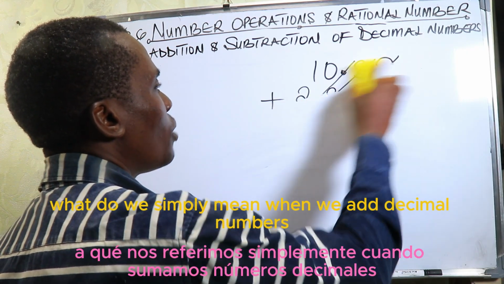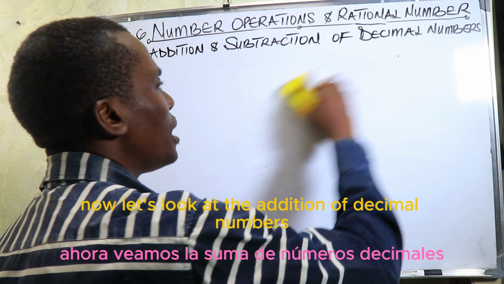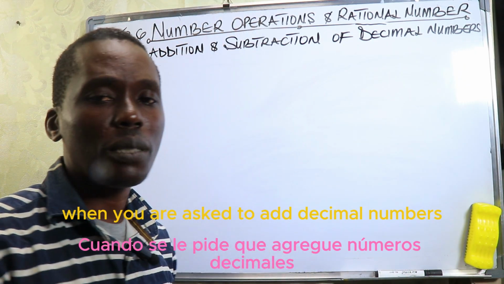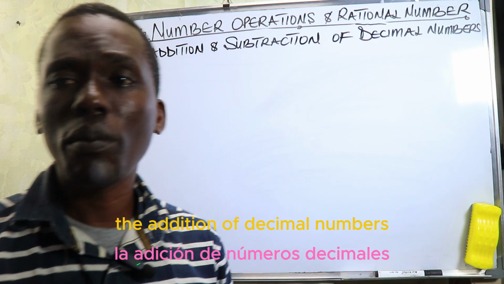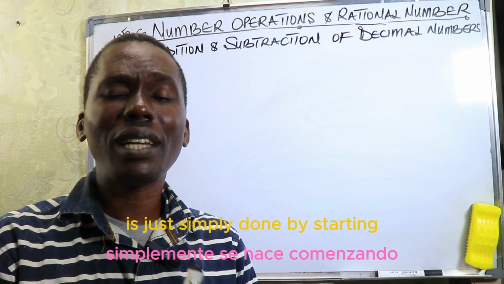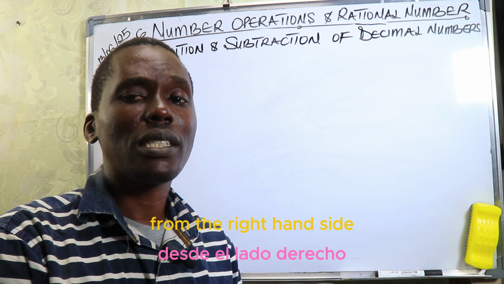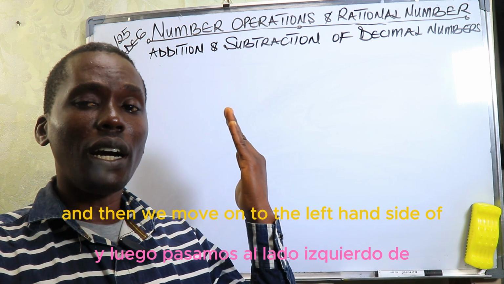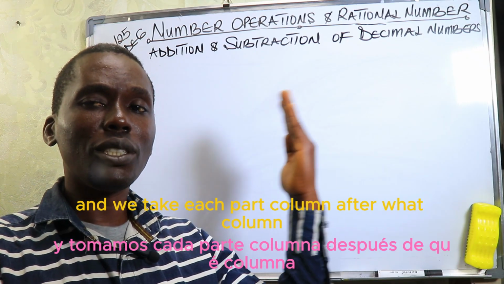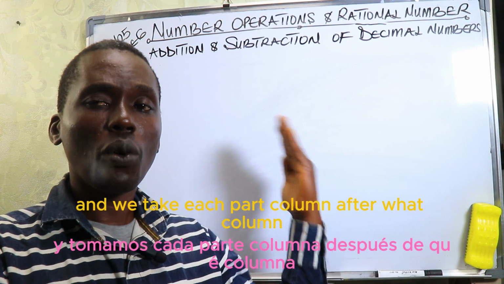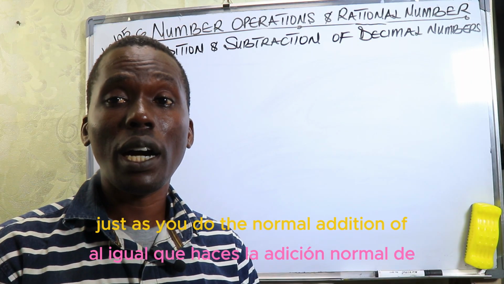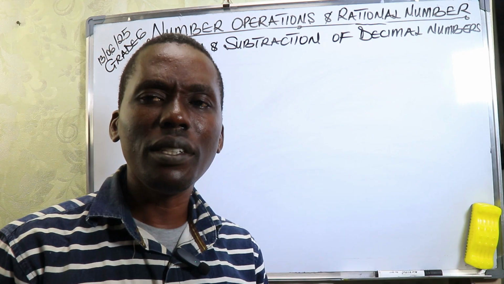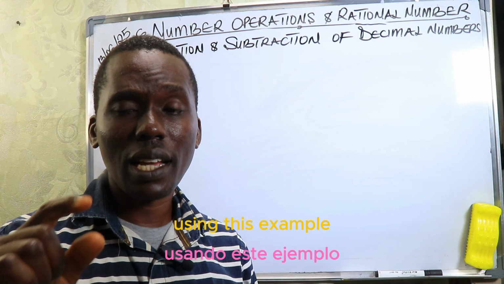When you are asked to add decimal numbers, the addition is simply done by starting from the right hand side, and then we move on to the left hand side, and we take it column after column, just as you do the normal addition of whole numbers. Now let's explain this using this example.